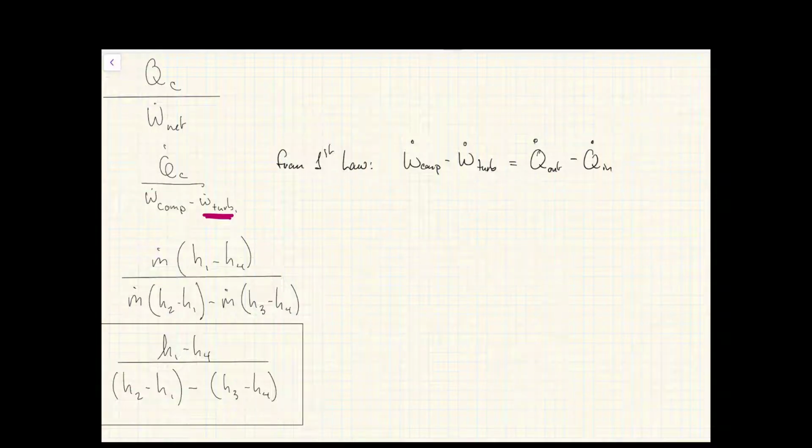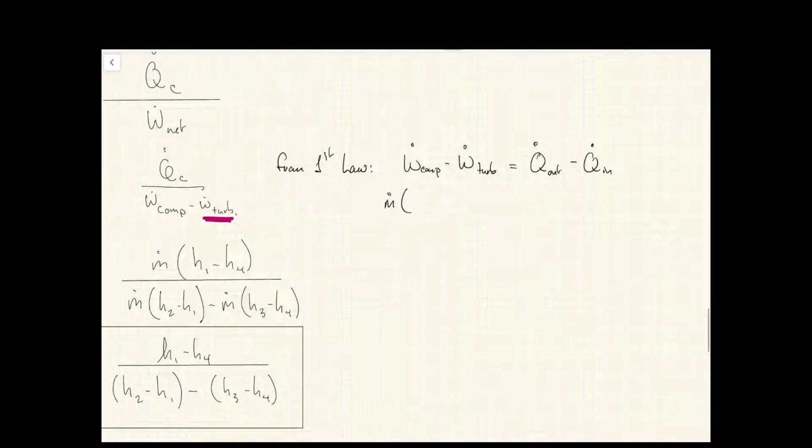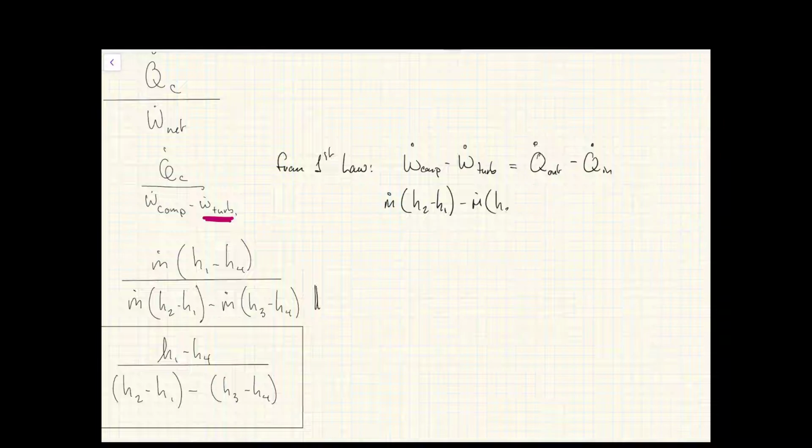And so work of the compressor, everything is the same mass flow rate, so we're going to use m dot for that. The total work done through the compressor is going to be, as we've got over here, H2 minus H1 from our first law analysis. Same m dot through the turbine, which is now H3 minus H4.